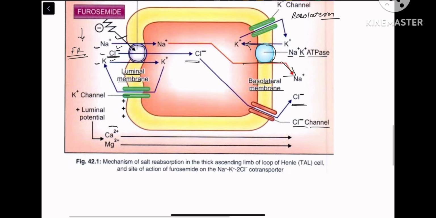After that, calcium and magnesium are passively transported through the paracellular space.